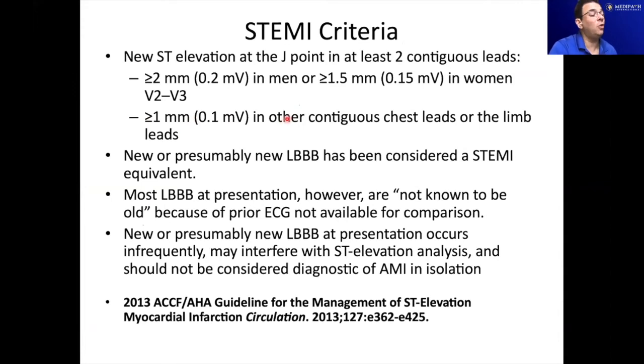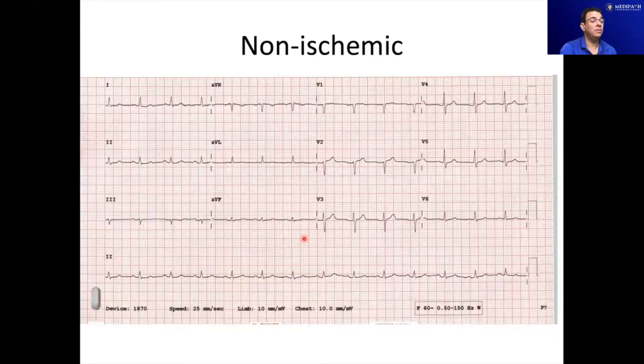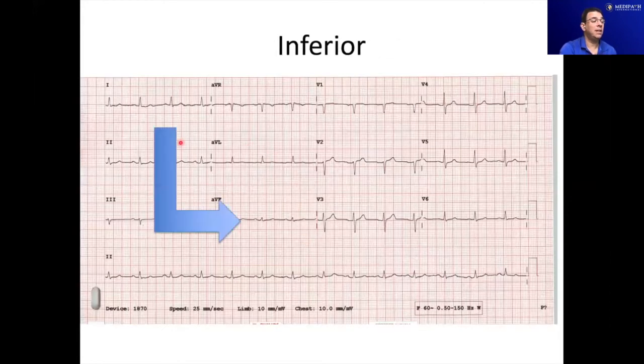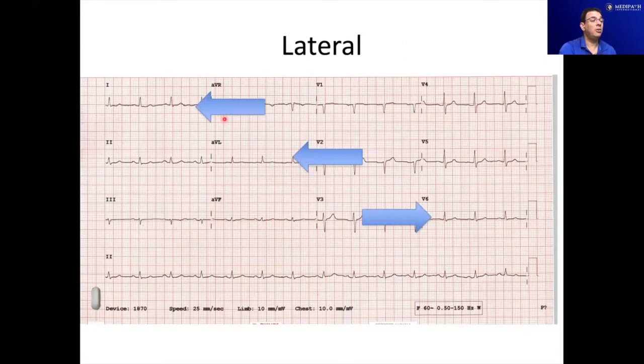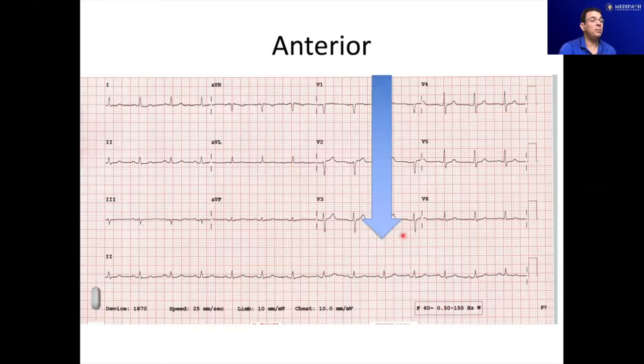There are other things we talk about as heart attack equivalents. We used to consider a new left bundle as a heart attack equivalent, which in the right situation with a good description of chest pain is still considered an equivalent potentially, but isn't assumed if you see a left bundle to be an equivalent. So we talked about the inferior section, right? The lateral part of the heart, or these leads, are considered contiguous, and then the anterior part.